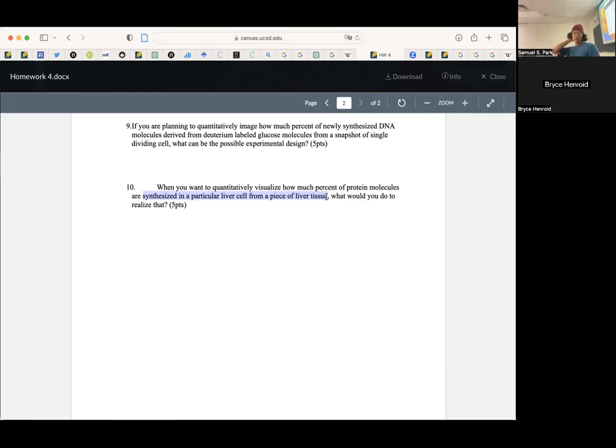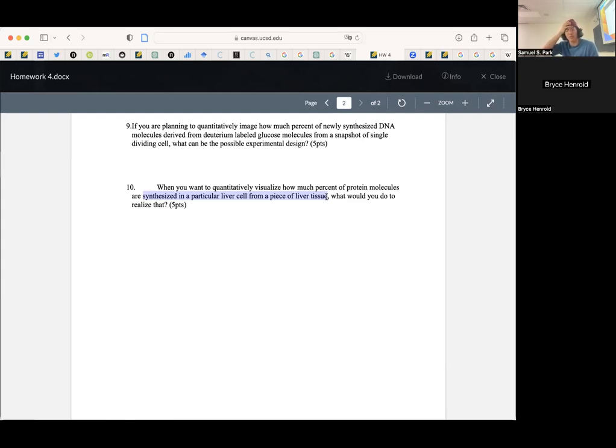I don't know how I would differentiate. My understanding is that with click chemistry or bioorthogonal chemistry, you might be able to ligate a molecule that's going to give you a specific color in the Raman microscopy, but I'm failing to realize what's going to differentiate a newly synthesized protein from an old protein.